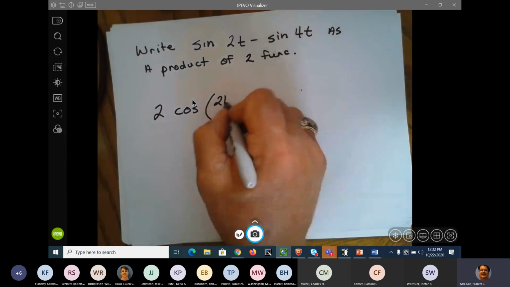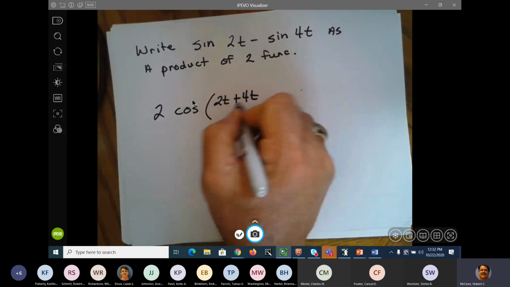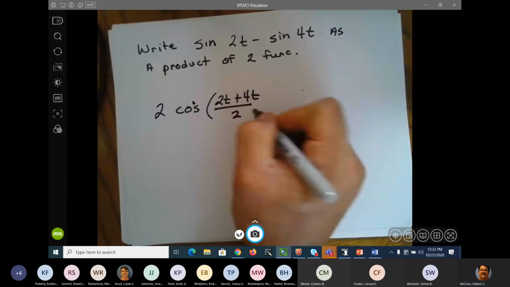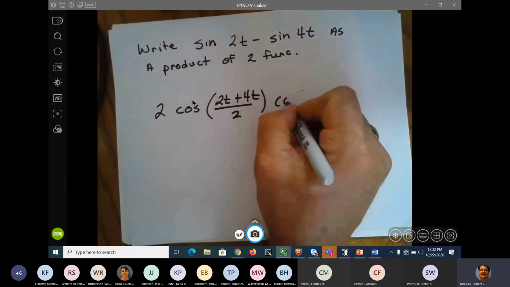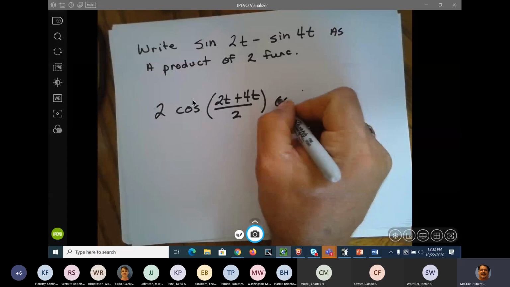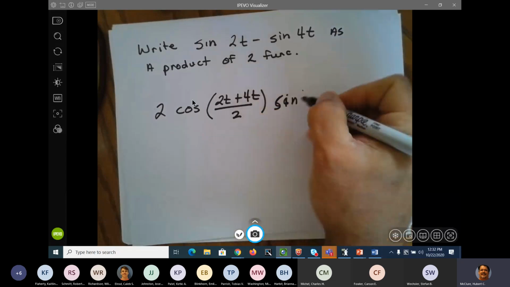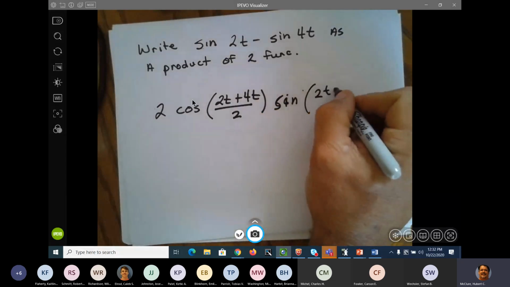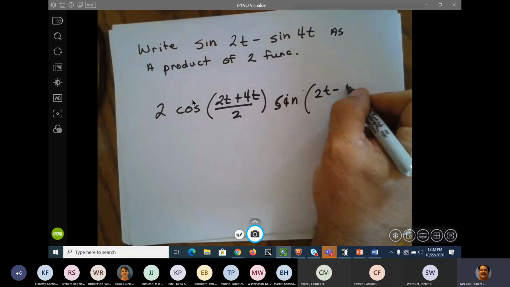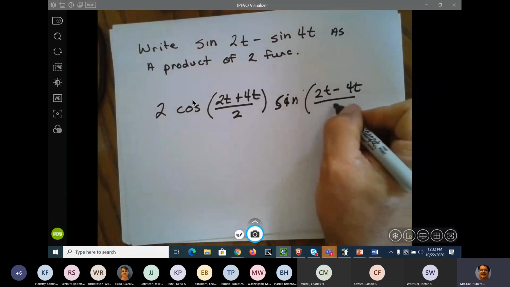So (2t plus 4t) over 2 times the sine of (2t minus 4t) over 2.